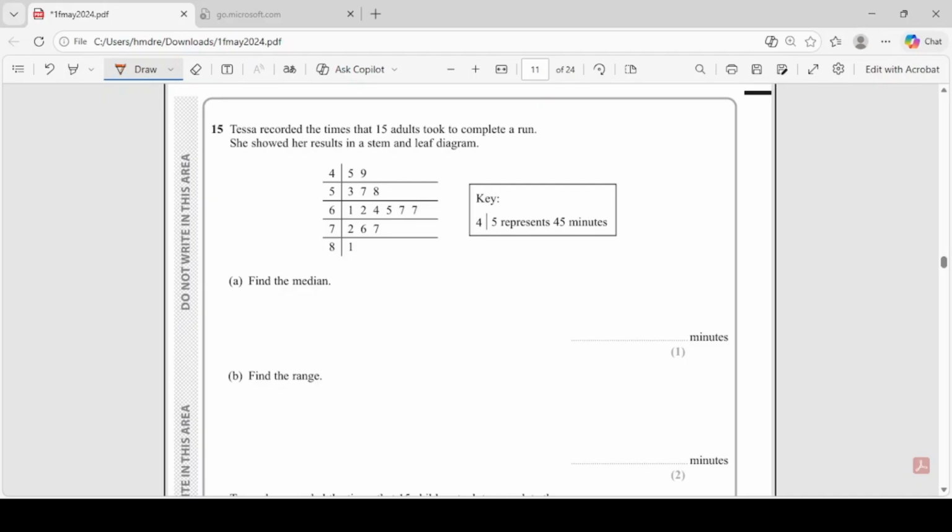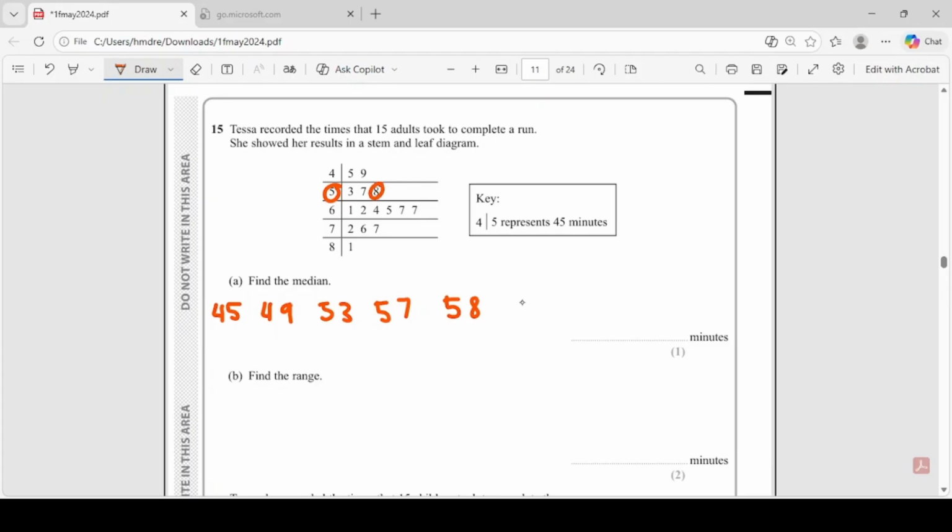What I would probably do with this one, you don't have to, but I find it easier to write all these numbers. So we've got 45, 49, 53, 57, 58. So you can see I'm just reading here, like 58.